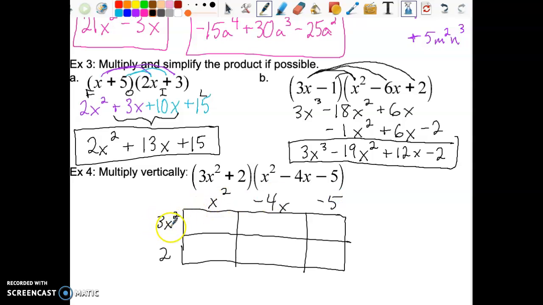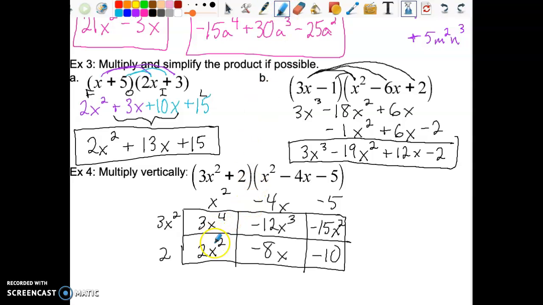Then when I multiply 3x squared times x squared, I get 3x to the 4th. And then here is minus 12x cubed, 3 times negative 4, and there's 3 x's, minus 15x squared. And then down here I have 2x squared. I have minus 8x, because I'm multiplying 2 by everything on top, and minus 10.